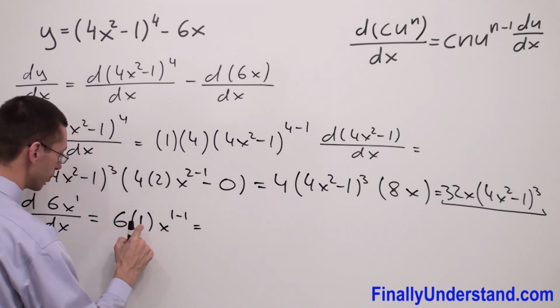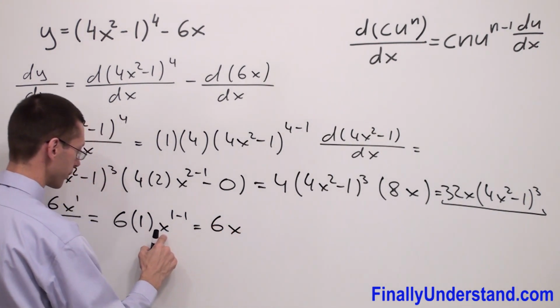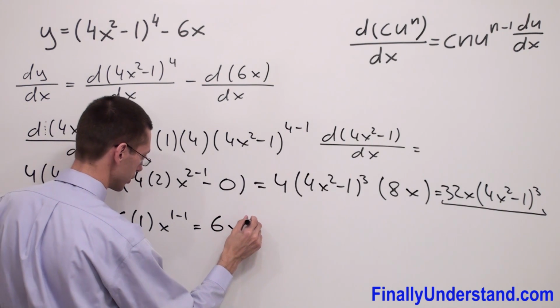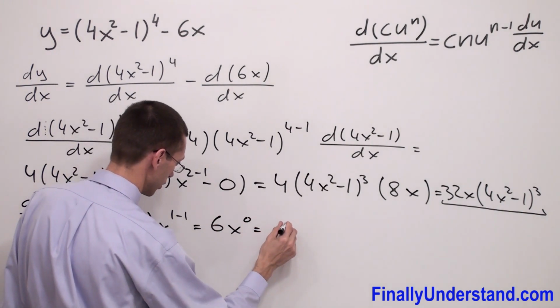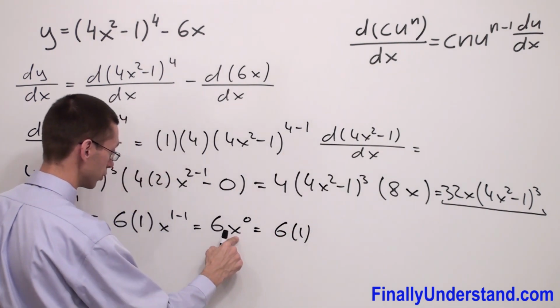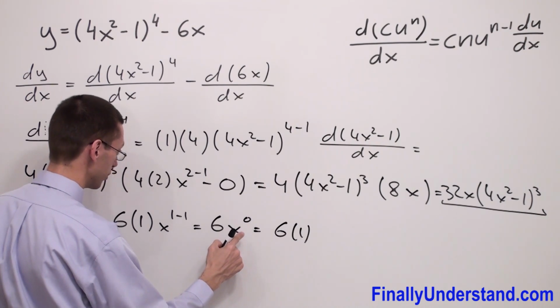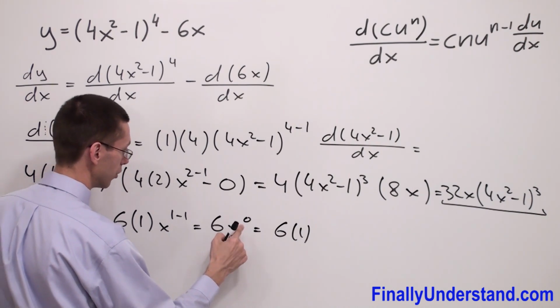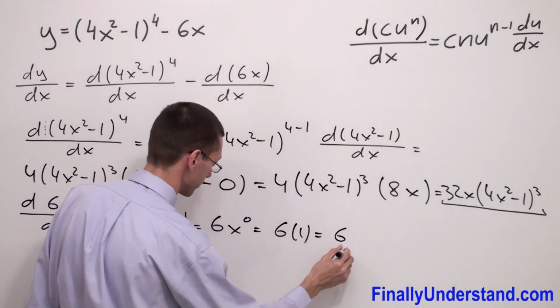So this is 6 times 1 is 6, x to the power 0. Remember that x cannot be 0. So this is 6 times 1, because if x is not equal to 0, any number raised to the power 0 is going to give me 1. So this is equal to 6.